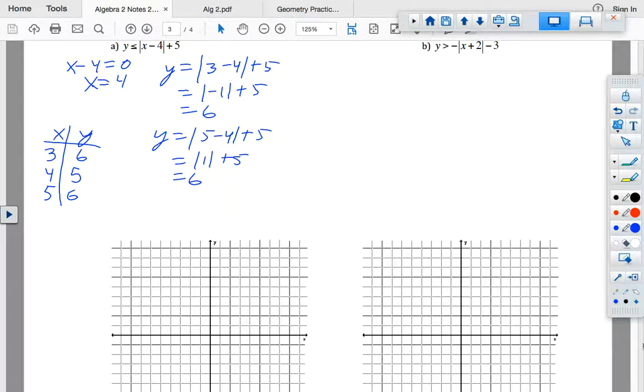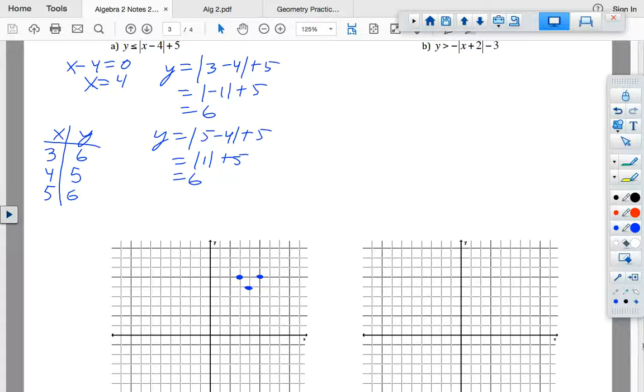Any questions so far? I have to plot all 3 points. It should make a V. 1, 2, 3. 1, 2, 3, 4, 5, 6. And then 4, 5. And then 5, 6. So far, so good.